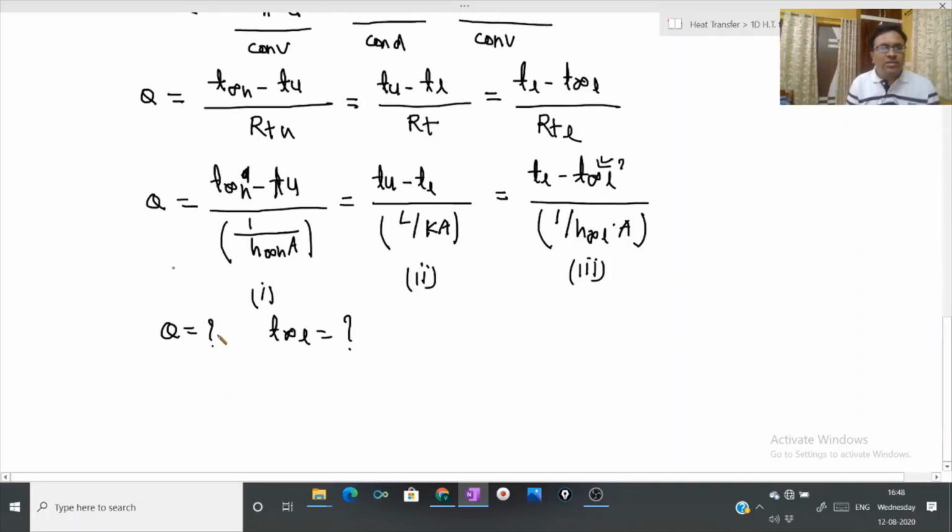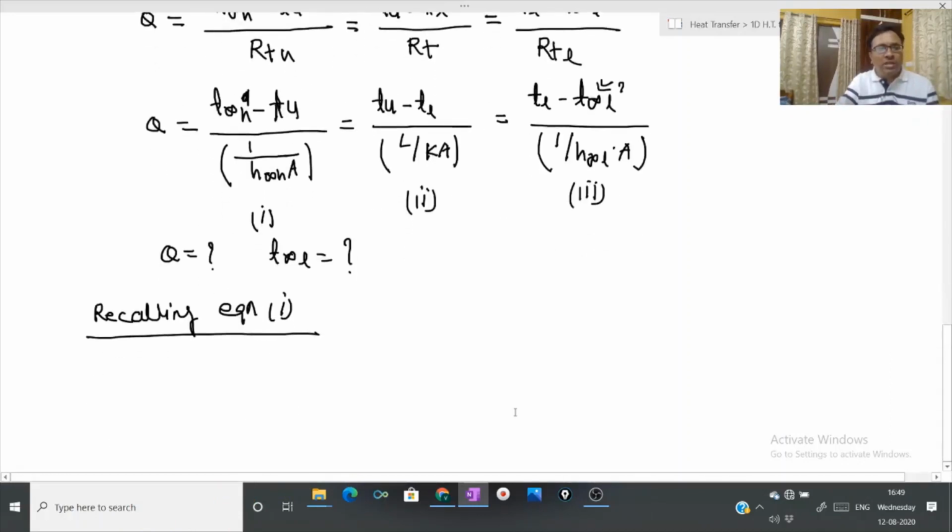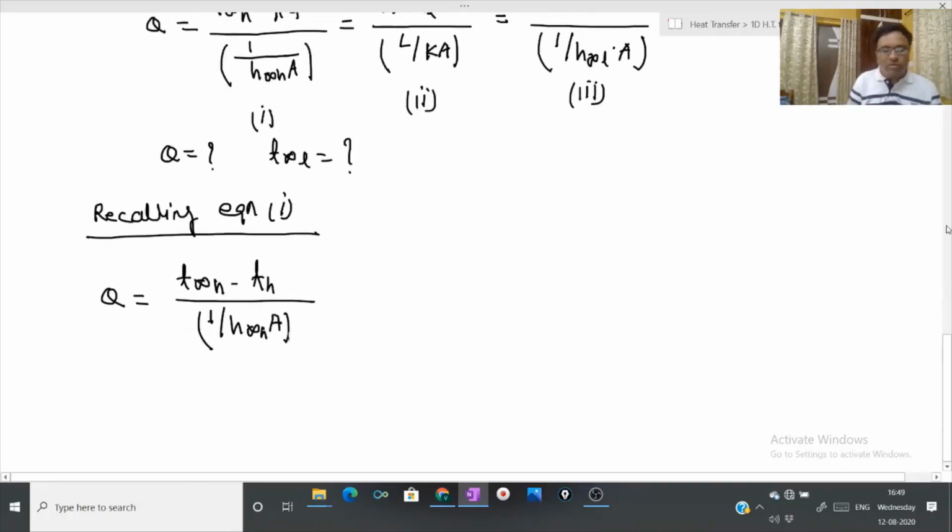So let us proceed. We have been given T infinity H, we have been given Tu, we have been given the value of H infinity H. So if I recall equation 1, Q is equal to T infinity H minus TU over 1 over H infinity H into A. Now I have been given the value of T infinity H, that is hot gas temperature, 980.